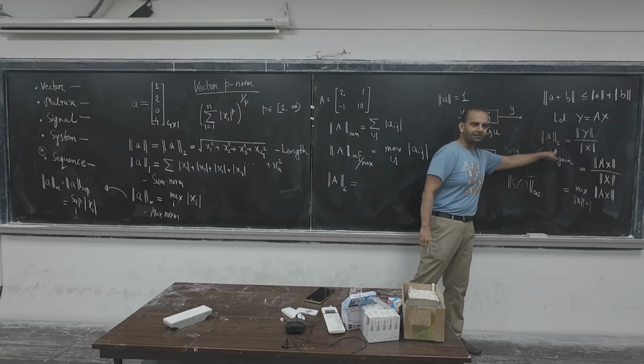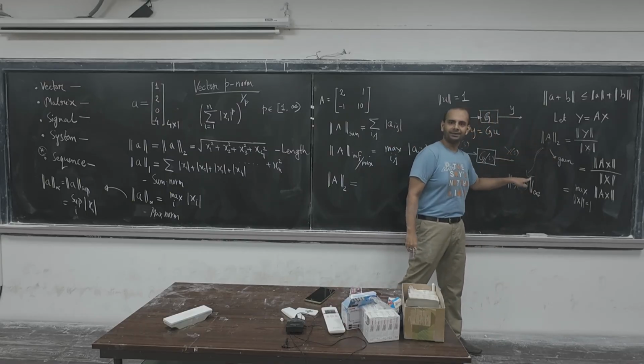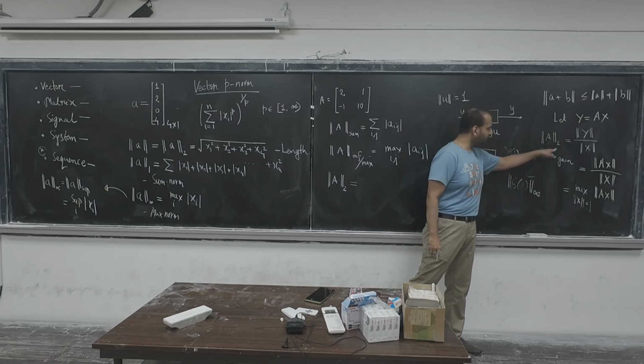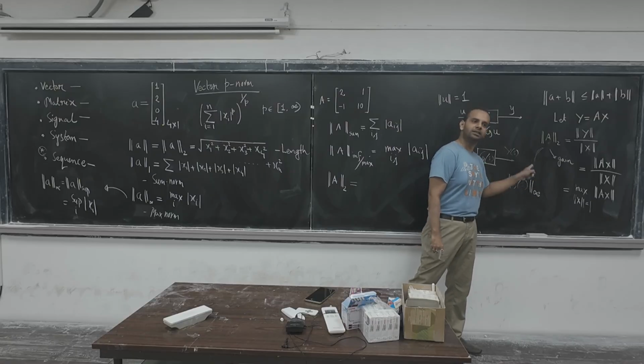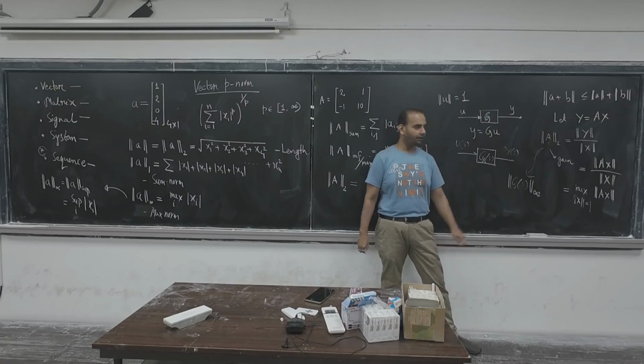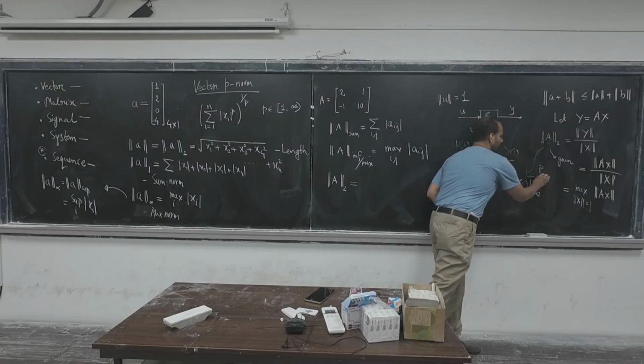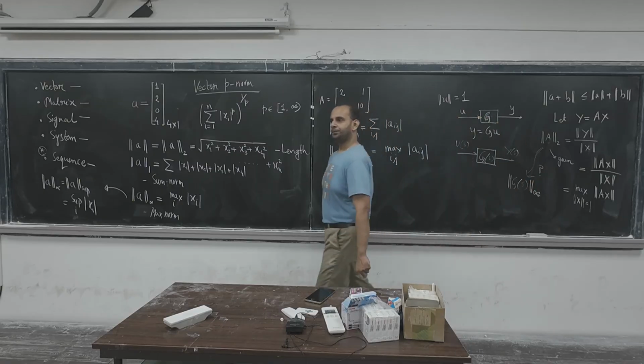Like in the case of a matrix, this is a 2 norm. But I said that in the case of a transfer function matrix, the same concept would be the system norm, but not the system 2 norm, the system infinity norm, right? Here you will have a slight difficulty that we will discuss later.